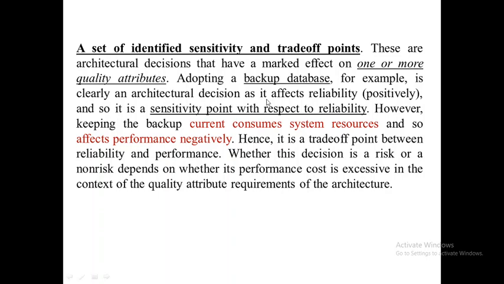For example, to give more reliability for the database, we adopt a backup of the database. Automatically, the backup of the database will increase the reliability positively for the consumer. That means if one database server fails, we can automatically migrate to another database. Okay, the customer requirement is satisfied. That is a quality. Availability and reliability come under quality.